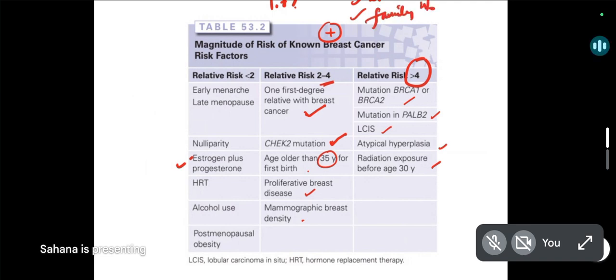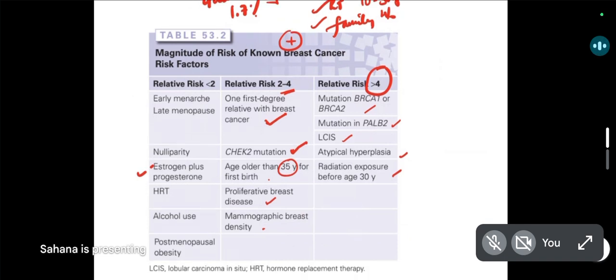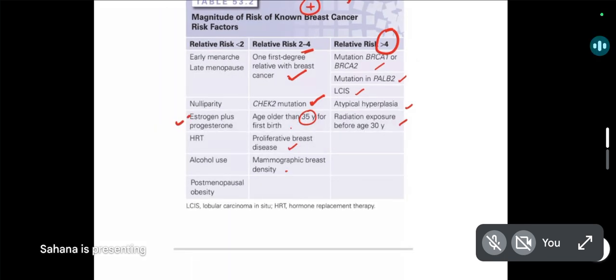And the other 2, there are 6 actually, when we go through we'll see, I don't remember. Okay, so based on this, they come under increased risk of development of breast cancer. So there are 6 categories, and depending on them, screening has been adjusted accordingly.